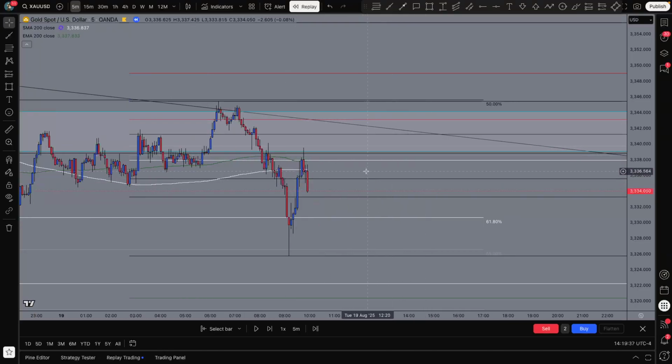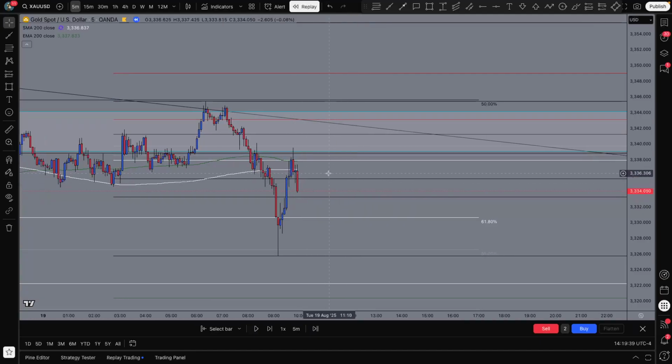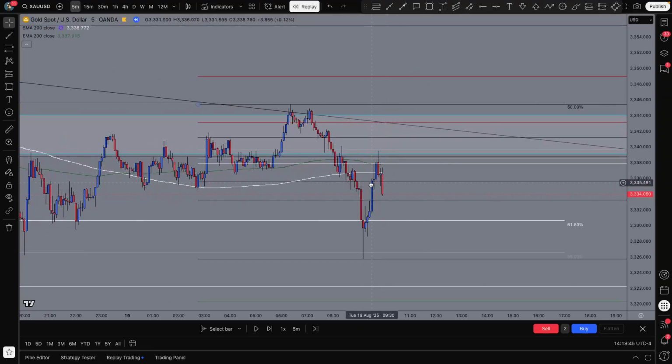Now, what I saw, and this is why I decided to enter the trade right after the close of this candle, was first of all, this candle closed below the 5-minute EMA and SMA. Then we went and grabbed some more liquidity, touched our zone, but right after closed once again right below the moving average on the 5-minute.